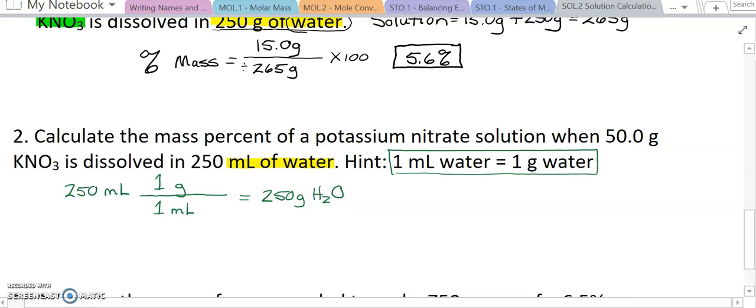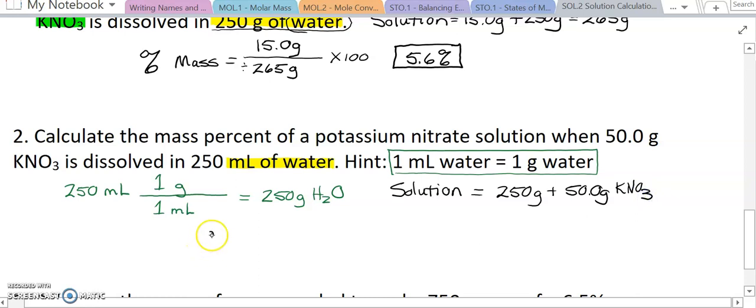The second thing I need to pay attention to is that this is water. My solution is made up of water and whatever I'm putting into it. So I have 250 grams of water, and I'm going to add 50.0 grams of this KNO3.